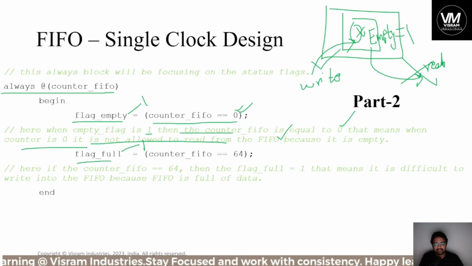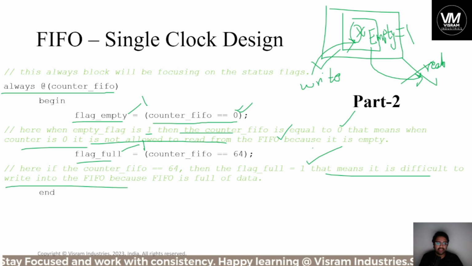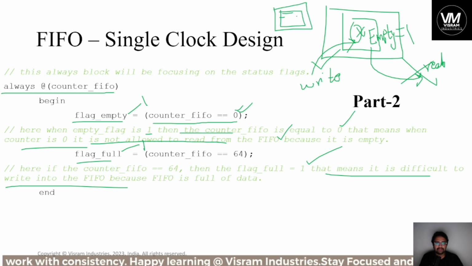Vice versa, if flag full is equal to 1, if counter FIFO is equal to 64, then flag full is equal to 1. That means it is not possible to write into the FIFO. Now it is another condition. If your entire RAM is full, what will you write? There is no space for writing.